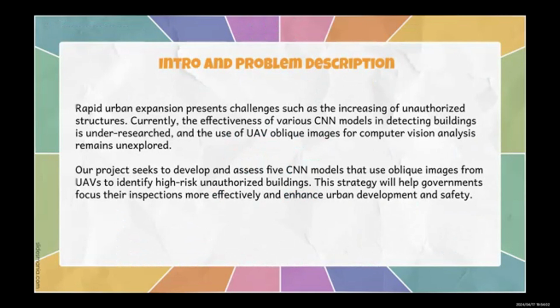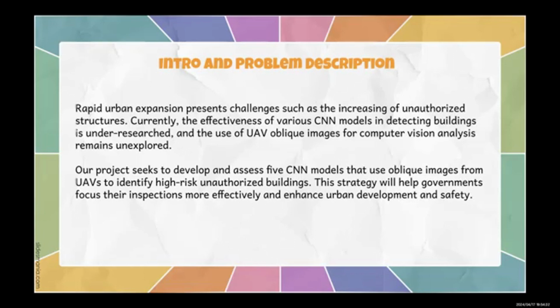Rapid urban expansion presents challenges such as the increase of unauthorized structures. Currently, the effectiveness of various CNN models in detecting buildings is under-researched, and the use of UAV oblique images for computer vision analysis remains unexplored.